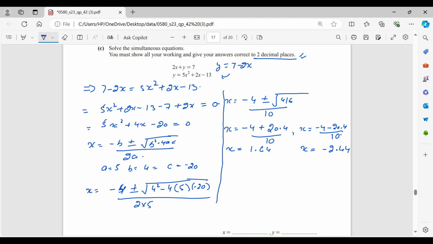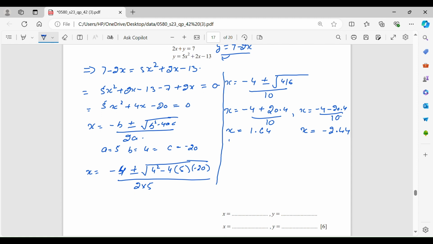We will substitute this value in this. So y will be equal to 7 minus 2 bracket 1.64, and y will be equal to 7 minus 2 bracket minus 2.44, right?